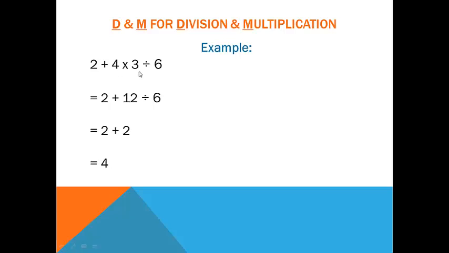So I'm going to do 4 times 3 first before any other operation. 2 plus 12 divided by 6. So now, going from left to right, I have addition and division. So division comes before addition in the BEDMAS rule. So I'm going to do 12 divided by 6, which is 2. Then finally, we're left with the addition, so it's 2 plus 2, and you get 4.